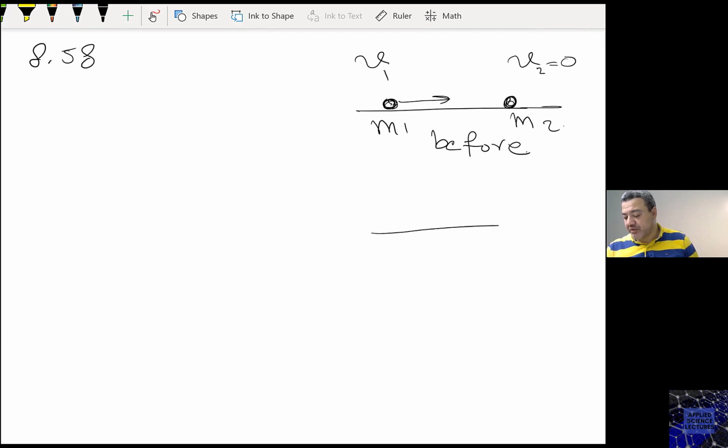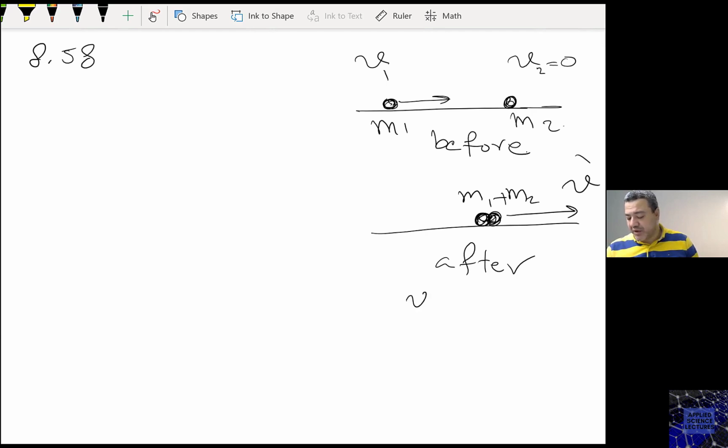After the collision, both of you became one mass, m1 plus m2, with the same velocity: v prime equals v1 prime equals v2 prime.